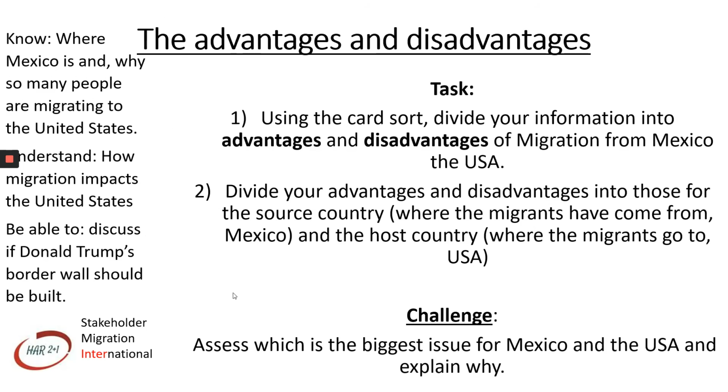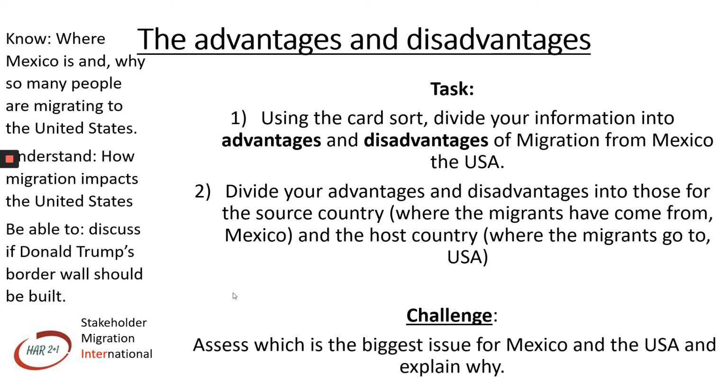Now, this one here, we're going to do a little bit of card sort. Now, you'll notice on your sheet, if you've had a look there, the first thing we're going to do is use the card sort to divide the information into advantages and disadvantages of migration from Mexico to the USA. Okay, so if you just want to pause here and look at advantages and disadvantages, I suggest maybe using some colored pencils to do this.